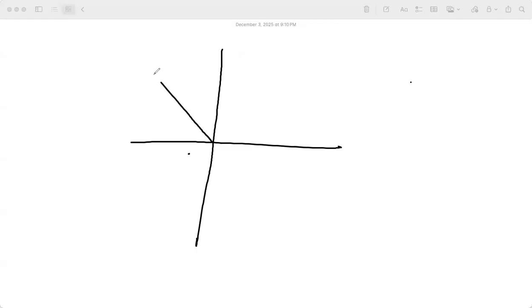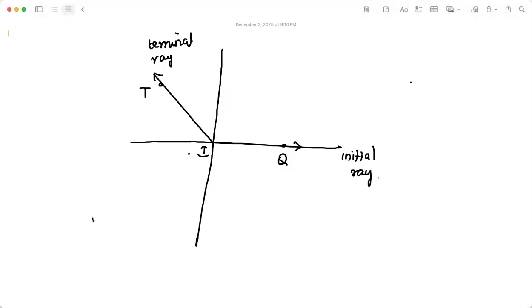I am going to draw a terminal ray. So here, you all know that this is the initial ray. This is the terminal ray. Now, I want to draw a circle. Let me draw a circle around it.